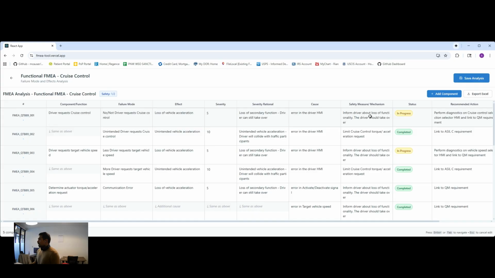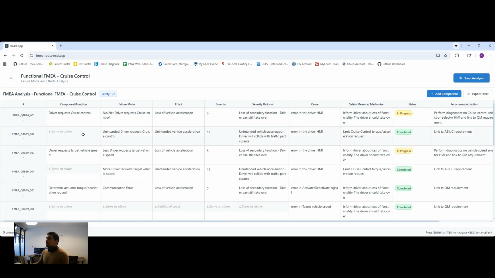As far as recommendations go, it is recommended that the system performs diagnostics on cruise control on the HMI. This does not have to be done with ASIL just because the severity is low; it's not a safety critical issue, and it can still be done with QM. And eventually, those diagnostics have to be linked to QM requirements.